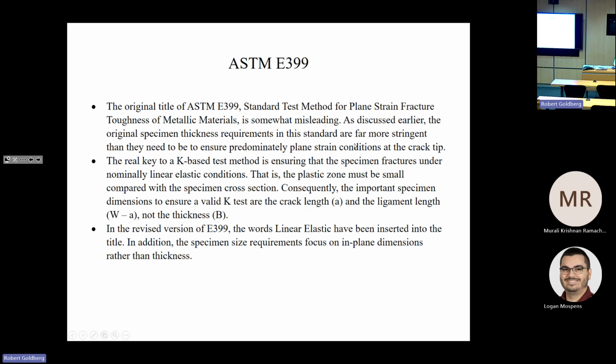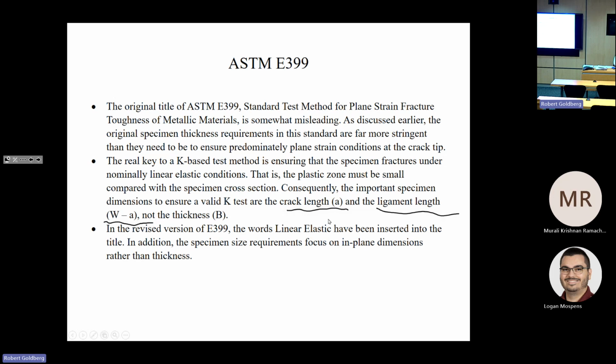And the real key to a K-based test method is to ensure that your specimen fractures under nominally linear elastic conditions, which means small plastic zones, particularly compared to the specimen cross section. So the important specimen dimensions are the crack length and the difference between the specimen width and the crack length, or the ligament length, and not so much the thickness.